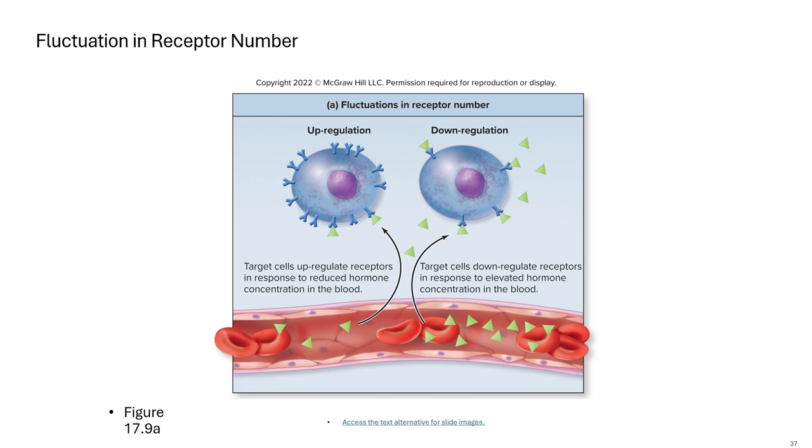And again, remember, these receptors are just proteins. So we're altering the rate of protein synthesis and thus altering the number of hormone receptors that are present on the target cell. So in this case, you're altering the sensitivity in response to an elevated hormone concentration.